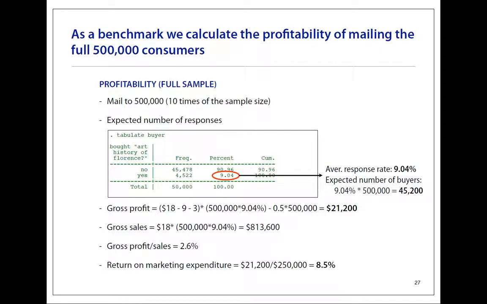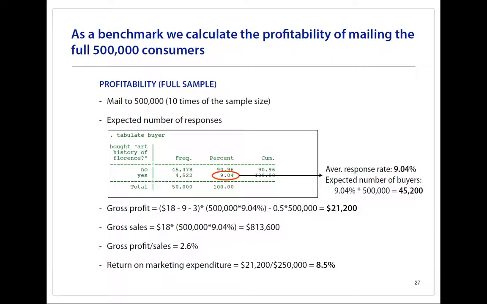So in this case, I can calculate the gross profit. Gross profit is basically $6 times the 9.04% of the remaining 500,000 customers, because 9.04% of them will respond if I were to send them this offer. And the marketing cost for sending out this mail to inform the customer about this offer is $0.50 times 500,000 customers.